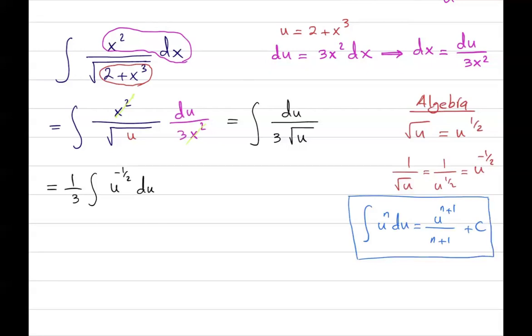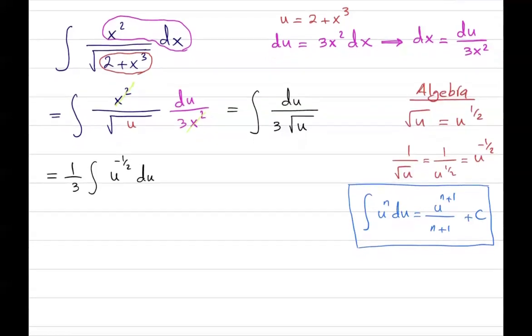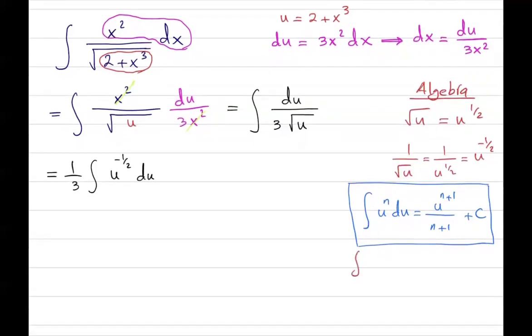If we have the integral of u to power negative a half du, your n is equal to negative a half. So it becomes u to 1 minus a half divided by 1 minus a half plus constant of integration, which is u to a half divided by a half plus c, or 2 times square root of u plus c.